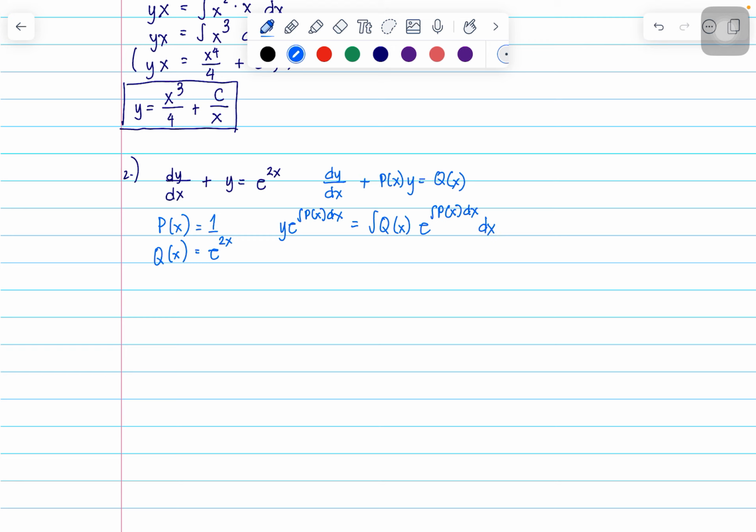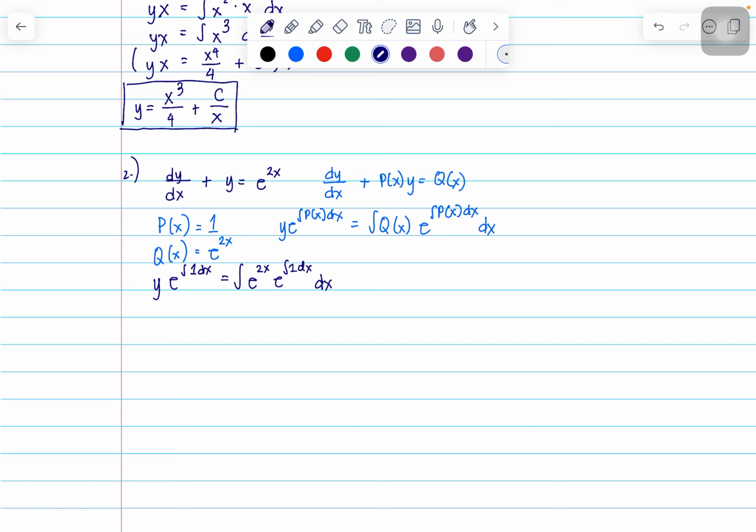So substituting, we have y e to the integral of 1 dx equal to the integral of, what is q of x? e to the 2x, e to the integral of 1 dx.